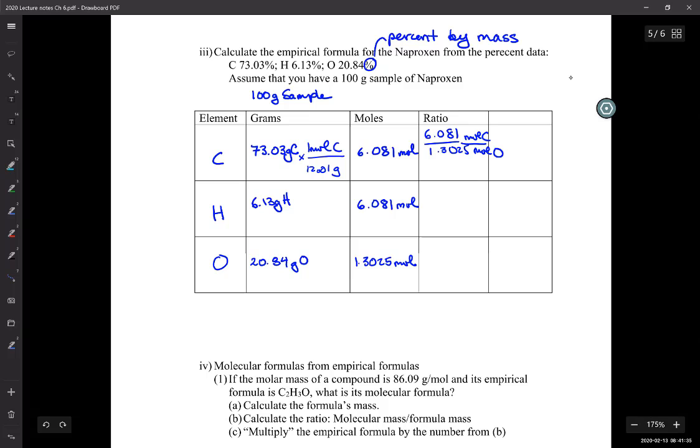I'm going to get this number, 4.668. Not a whole number. So we're going to have to fix it, and I'll show you how to do it in a second. Because it's not easy for a lot of people to do this, so I'll show you the easiest way to do it. What does the next one come out to? 4.7.